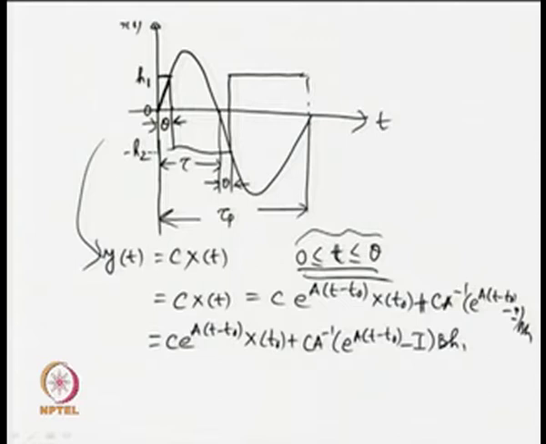Now, to find the area under this, let me designate that area by the symbol P1. So, P1 will be the integral from time 0 to θ of y(t) dt.